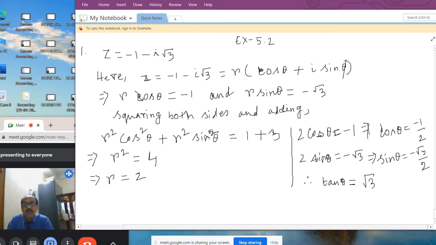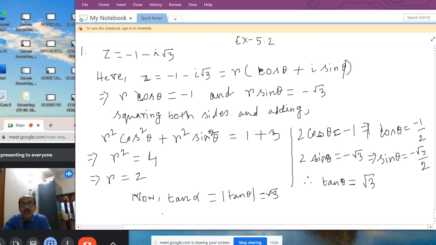Now we know tan alpha equal to mod of tan theta. So tan theta is root 3, mod root 3 is root 3 only, positive. Root 3 means tan 60 degree.